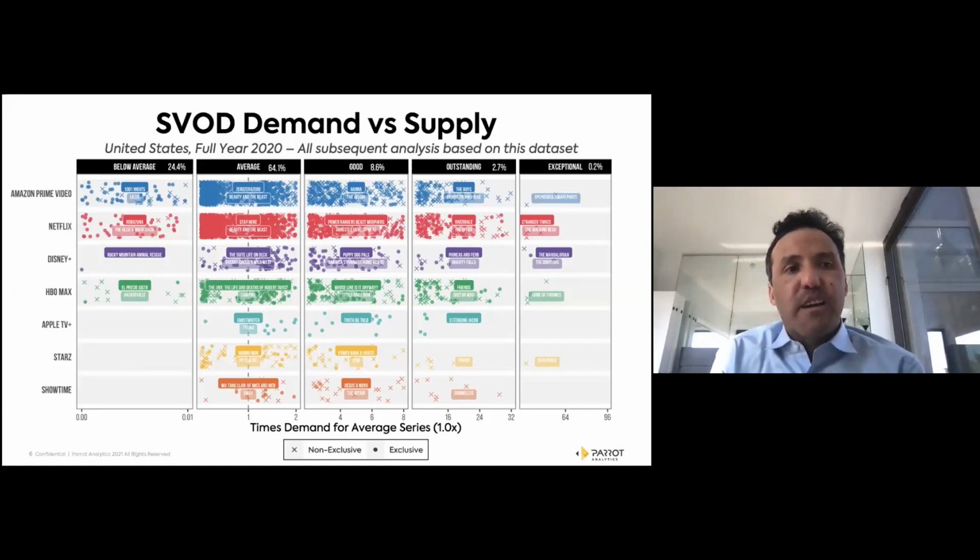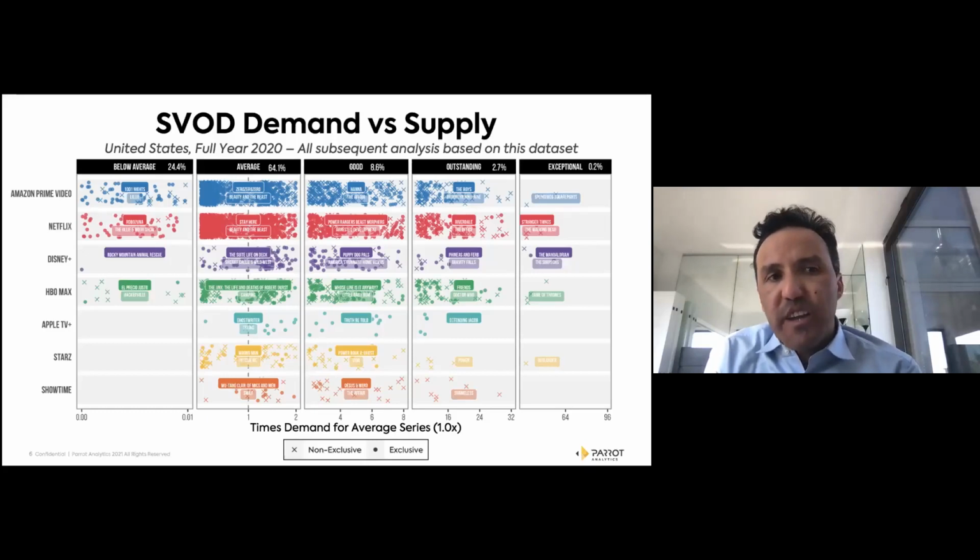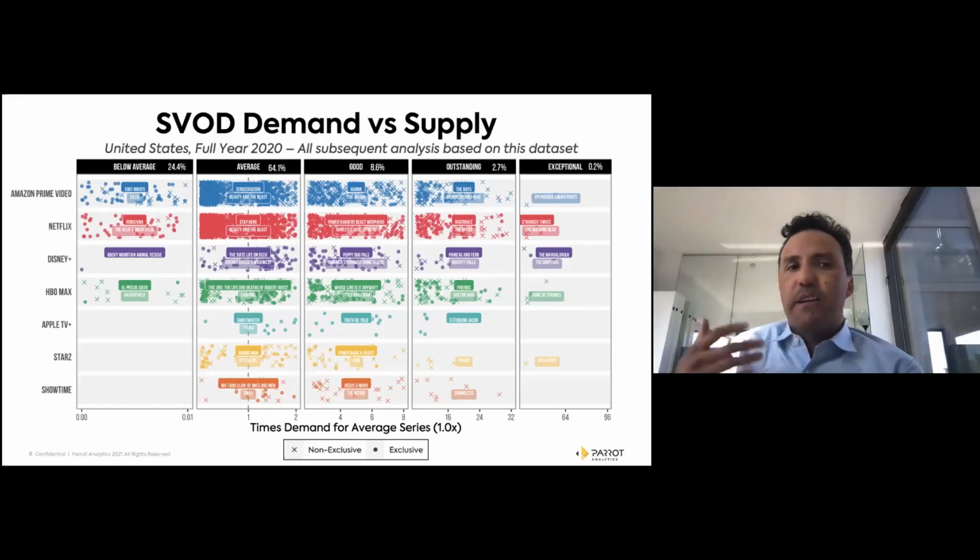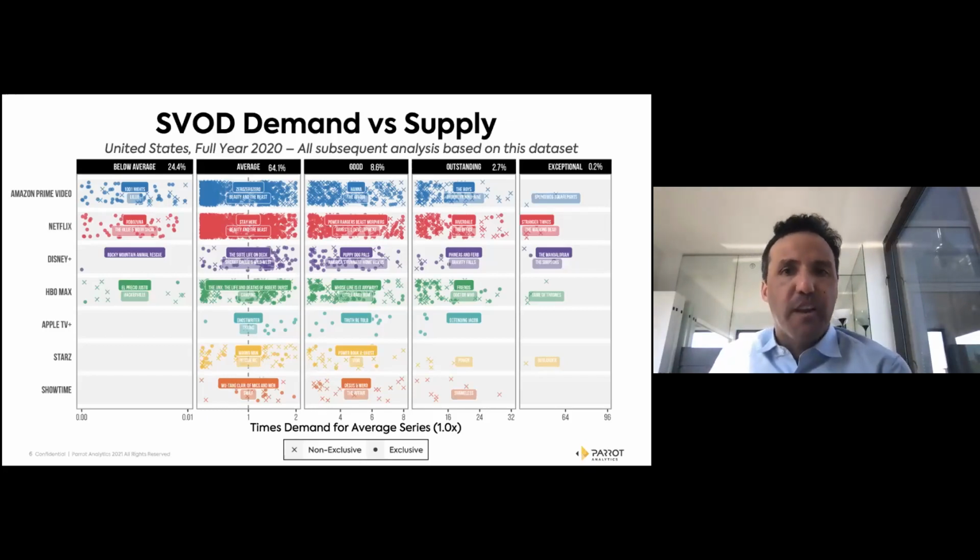each of these platforms will have a certain amount of titles. Each title is represented by a dot or an X, and the position of the dot or the X signals how popular it is, or what demand that title has. What we have seen in the market is a natural distribution occurring, which allows us to classify content across 5 quadrants, the 5 quadrants that you see there.